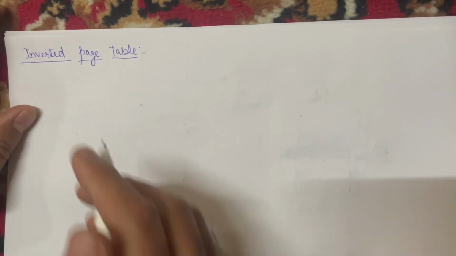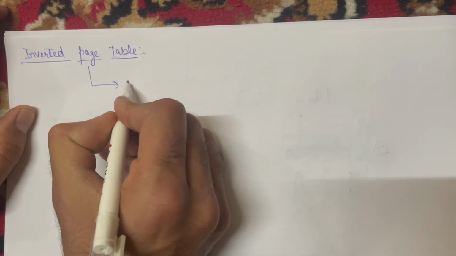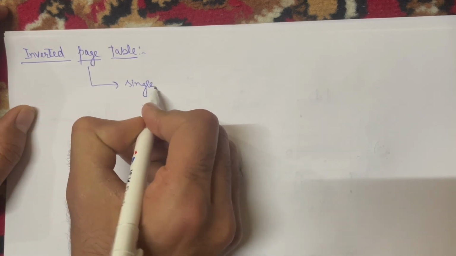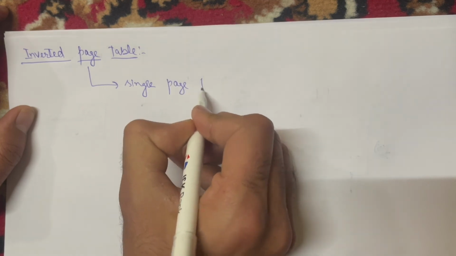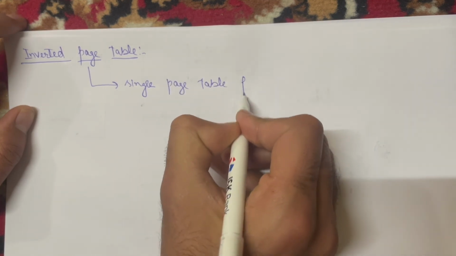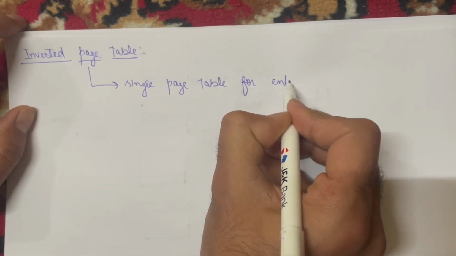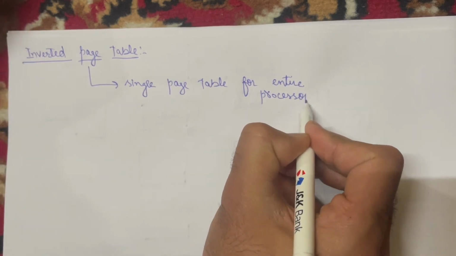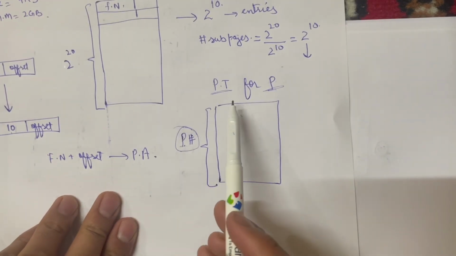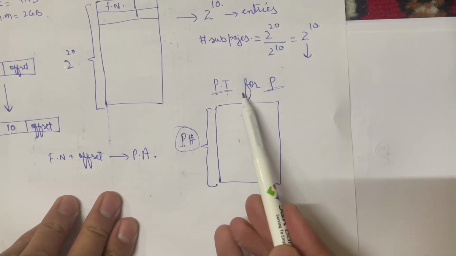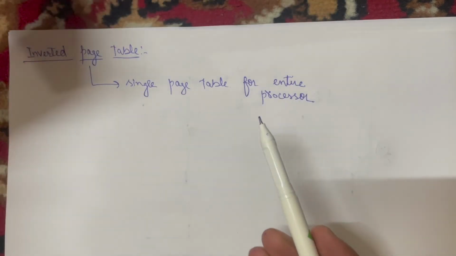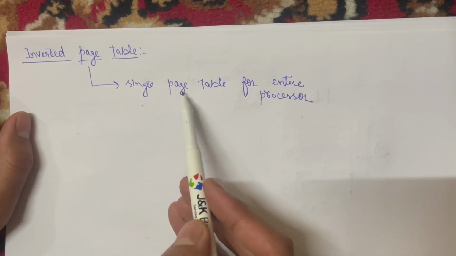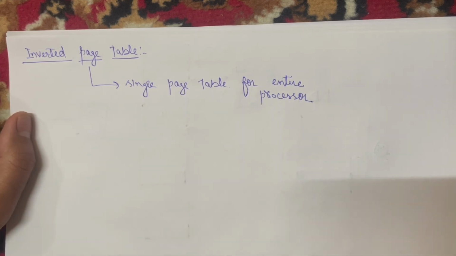Now we can sort out this issue. We can have a single page table for the entire system. So here in this particular scenario we were having a page table for every process, but I am saying let's have a single page table for the entire system.